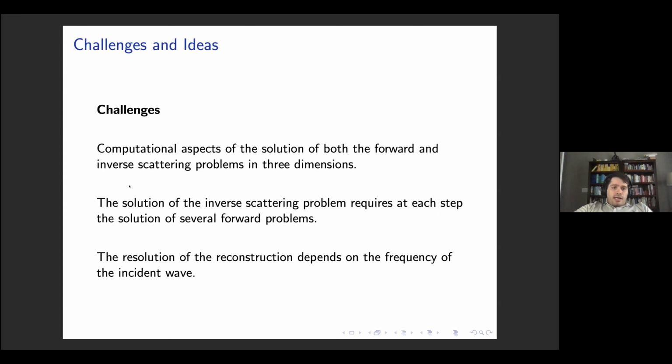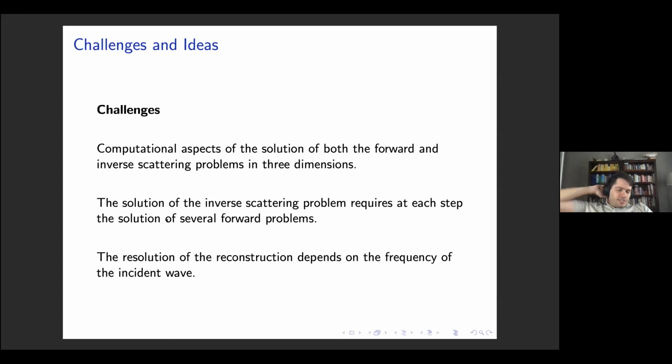The other aspect is that when solving an inverse scattering problem, I'm going to recast it as an optimization problem. You're going to need some sort of iterative method, and those get very expensive because you have to solve several forward problems in 3D.